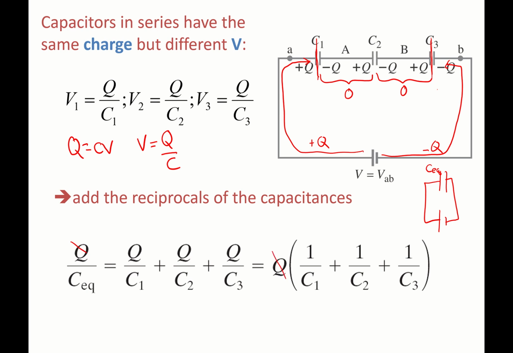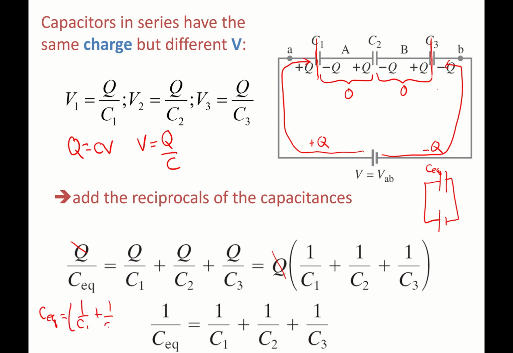I can cancel out the Q's, and so I get that 1 over the equivalent capacitance is the sum of the inverses, or C equivalent is 1 over C1 plus 1 over C2 plus 1 over C3, and then take the inverse.